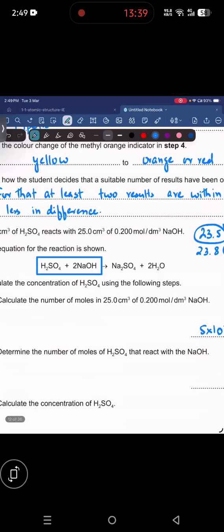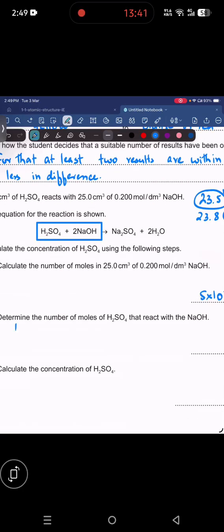The 1 is for the sulfuric acid and 2 is for the sodium hydroxide. So we have to write 2 is to 1 here, and 5 times 10 power minus 3 is to x. So 5 times 10 power minus 3 divided by 2.